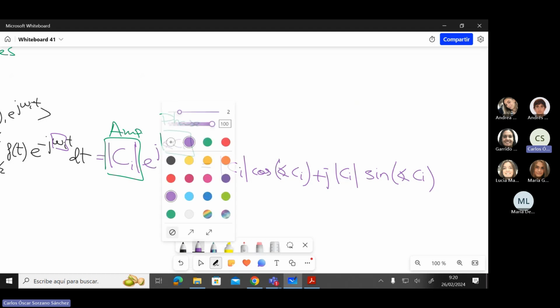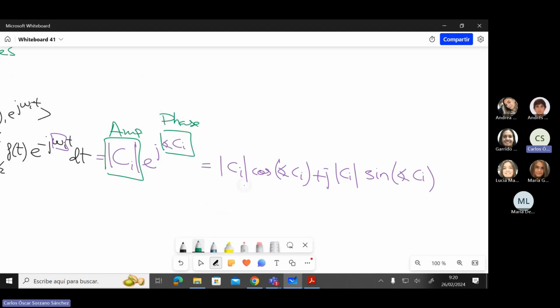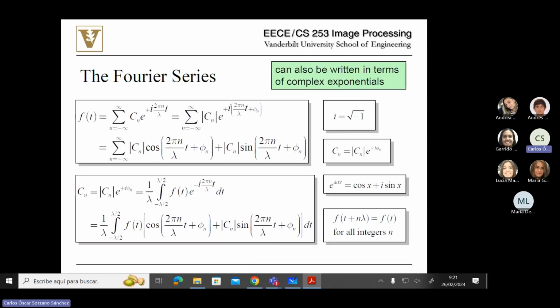So you have real part and imaginary part. So you can do both representations, either as real and imaginary parts or amplitude and phase, and they are totally equivalent. So far, so good. This is somehow key. Okay. So you have real part, imaginary part, the amplitudes there. Okay, now the amplitude and phase.